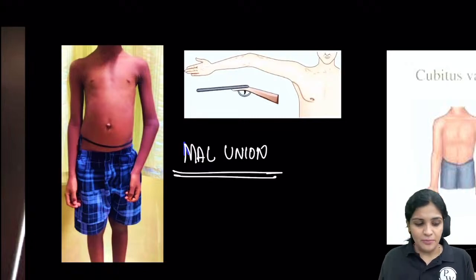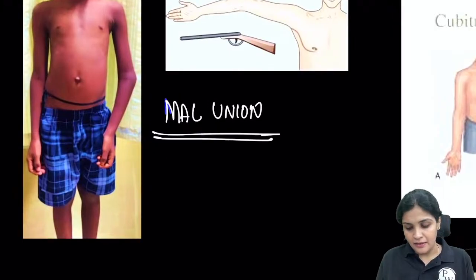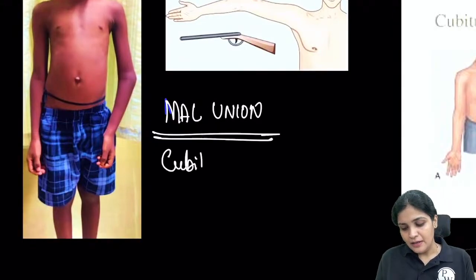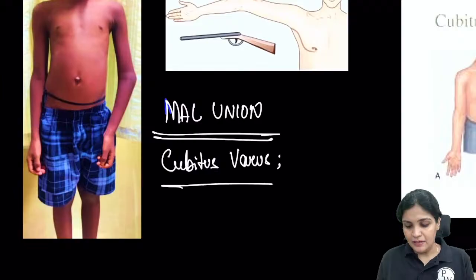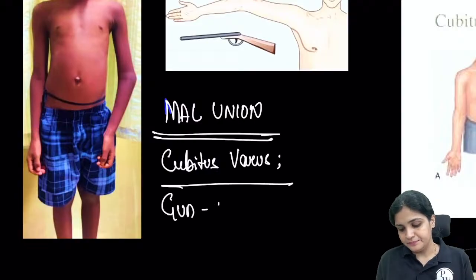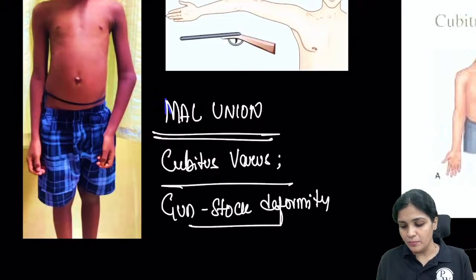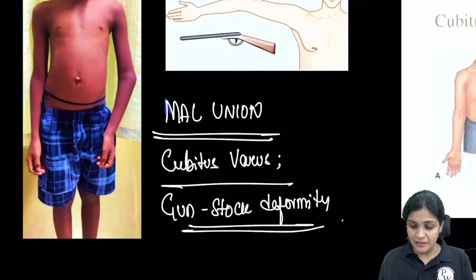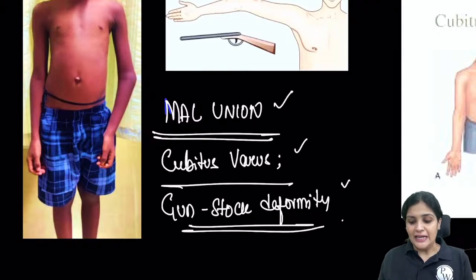And what is this deformity called? Gunstock deformity, or cubitus varus. It is a malunion mostly occurring in your supracondylar fracture, which results in cubitus varus, also called Gunstock deformity.